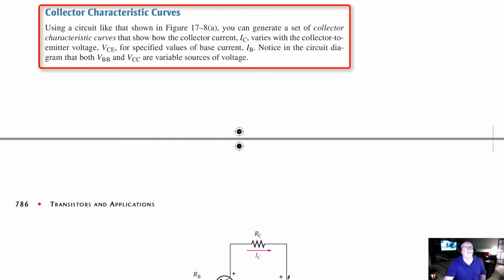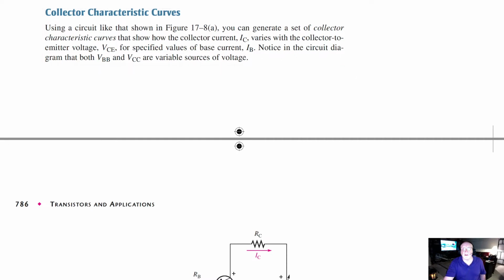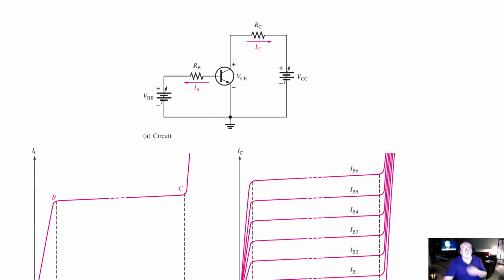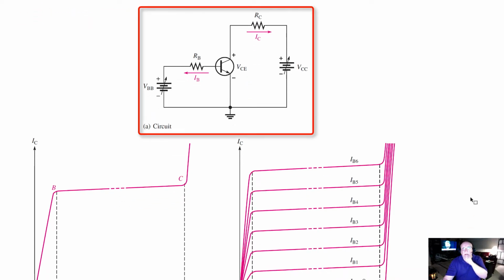Notice in the circuit diagram that both VBB and VCC are variable sources of voltage. Okay, so if we take a look at that, we can see, as indicated, we've got VCC, a variable DC source, and VBB, a variable DC source.